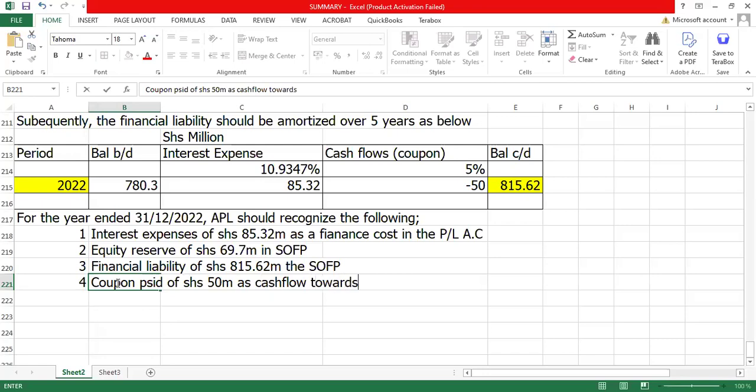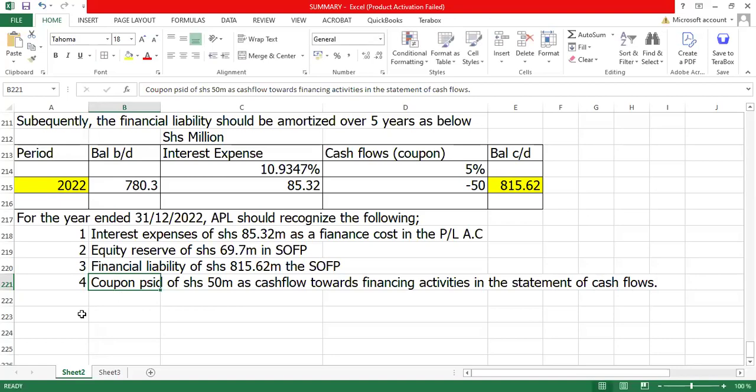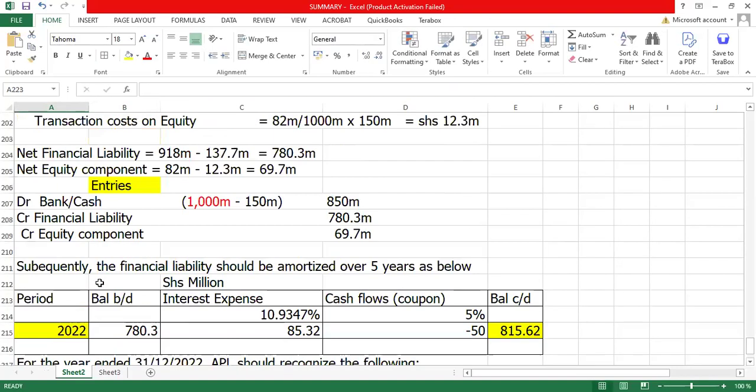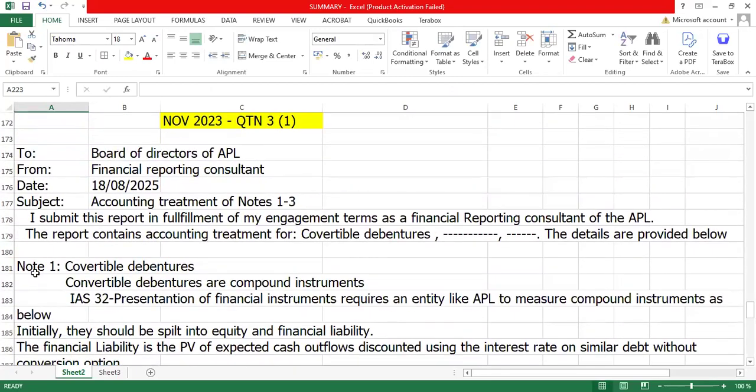This is towards financing activities in the statement of cash flows. And that's all. I believe we have exhausted all. That's all with this question, that's all with that part.